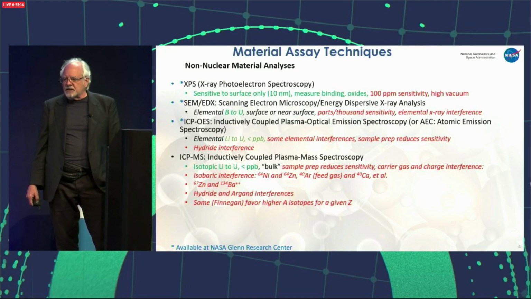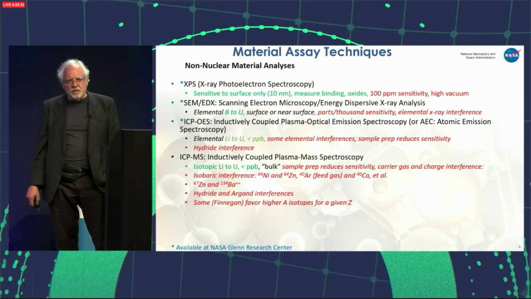ICP-MS, which is inductively coupled plasma mass spectroscopy, covers the same range, but it has other interferences that you have to worry about between, for example, nickel 64 and zinc 64, and again, hydride and argon interferences.